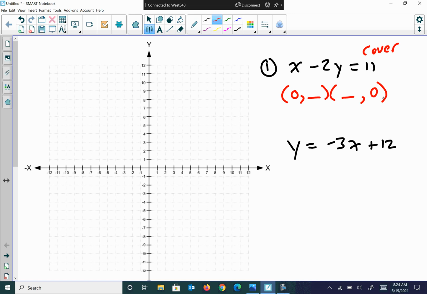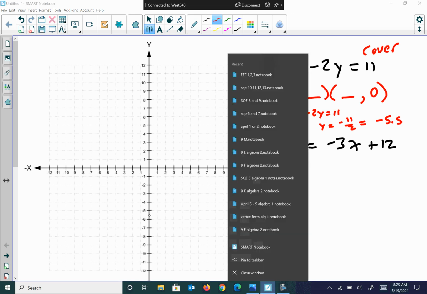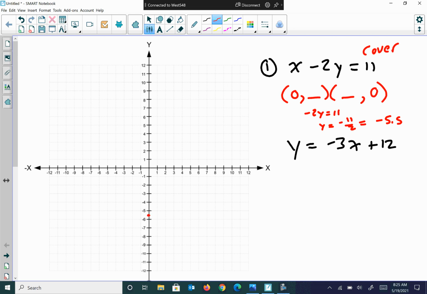So if I cover up the x value, I get negative 2y equals 11, which is y equals negative 11 over 2, which is negative 5.5. So in the y direction, we're at negative 5.5, so that's down here.